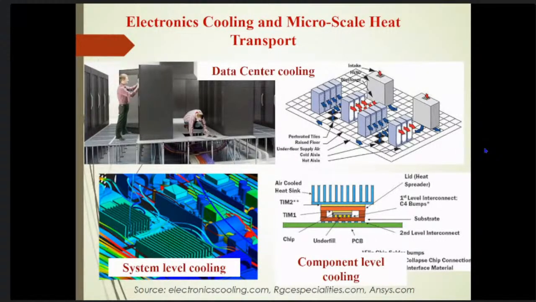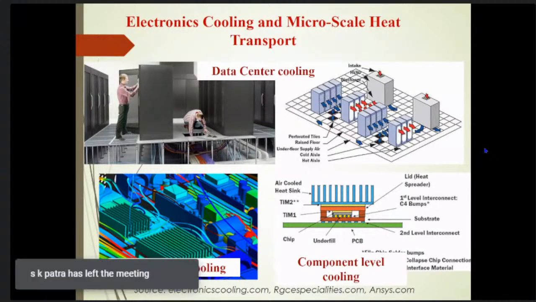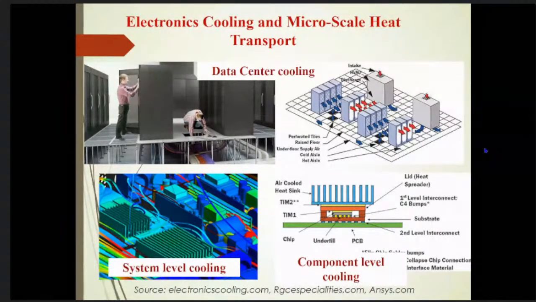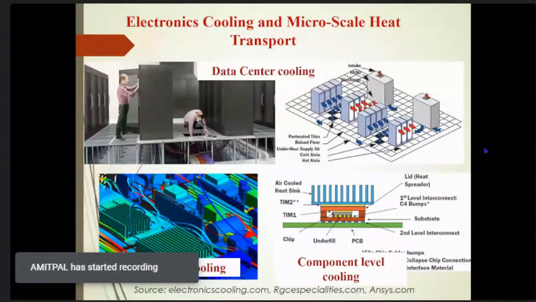In data centers, we have hundreds and thousands of computers put together on racks, and we need to remove the heat from the chip surface, because it is generated at the chip surface. There is a system for removing that heat, and that system needs to be made more efficient. When we make it more efficient, we can reduce the energy demand.